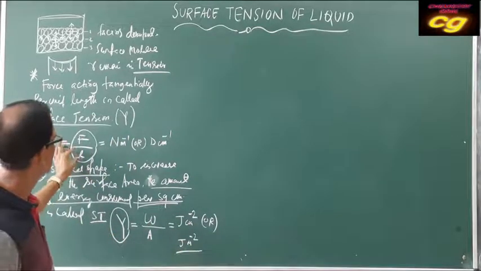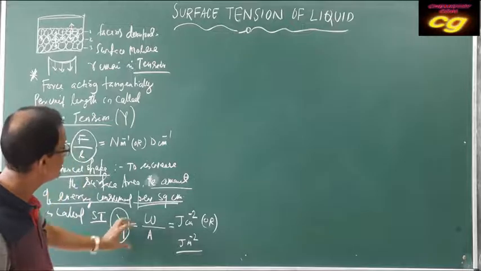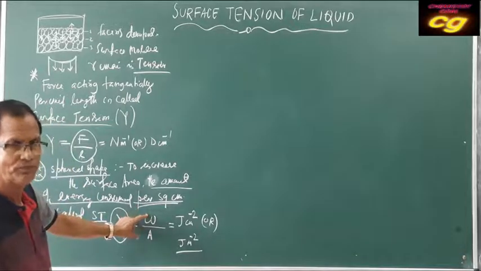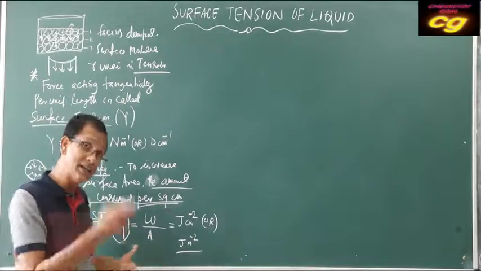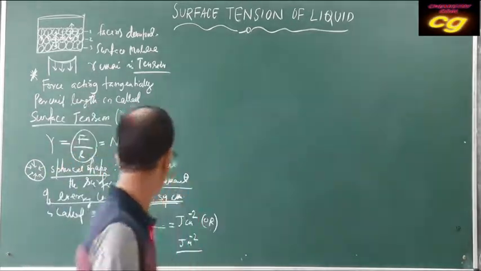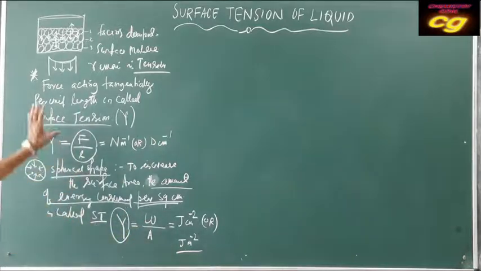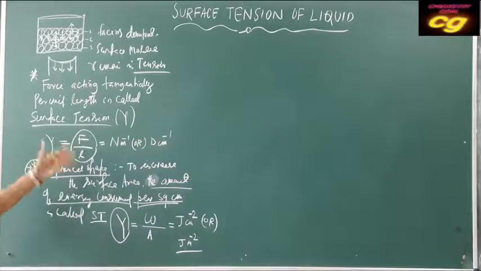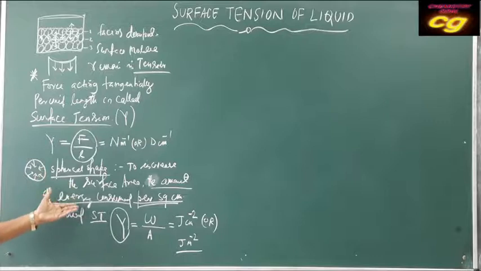So in terms of force per unit length or the work done to increase the surface area per square centimeter, both are also called surface tension. Both are correct in terms of expression.